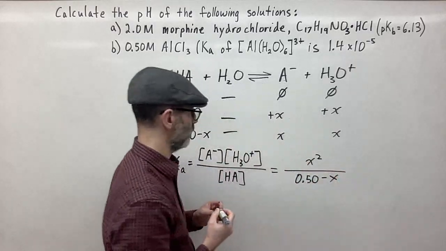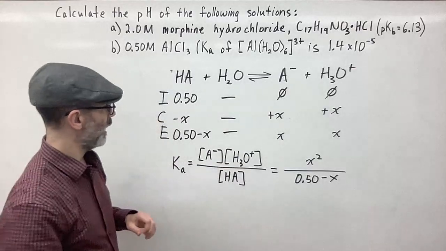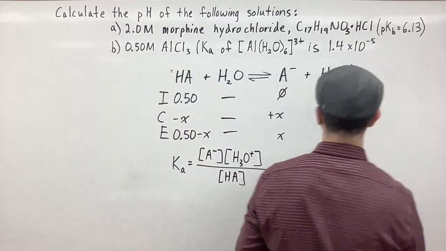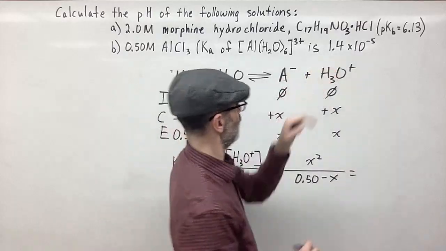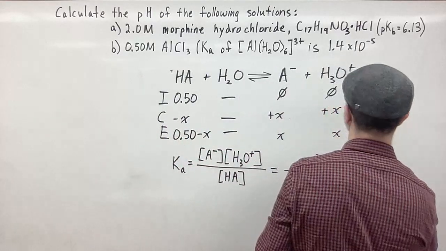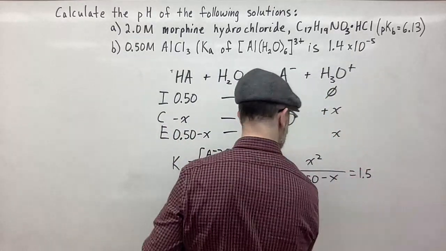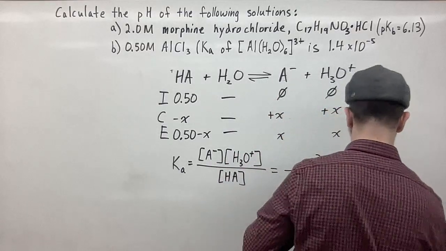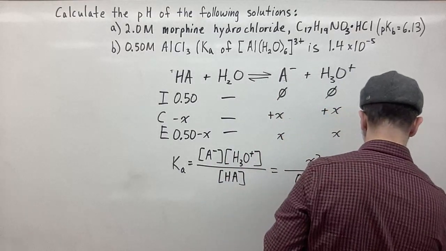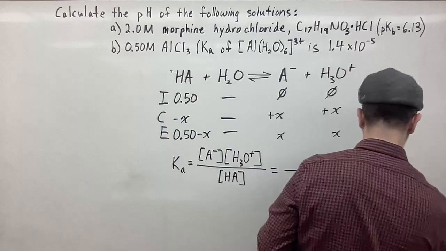That's going to be equal to the Ka value, 1.4 times 10 to the negative 5.